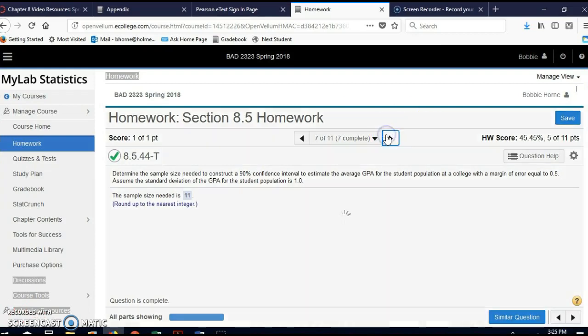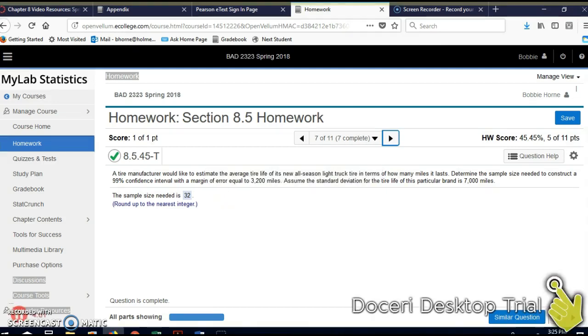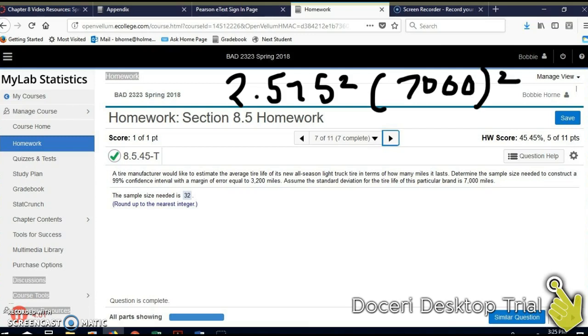Okay, on question number 7, we have a confidence interval of 99%. So the z value is 2.575 squared, and the standard deviation is 7,000 squared, and the margin of error is 3,200 squared.